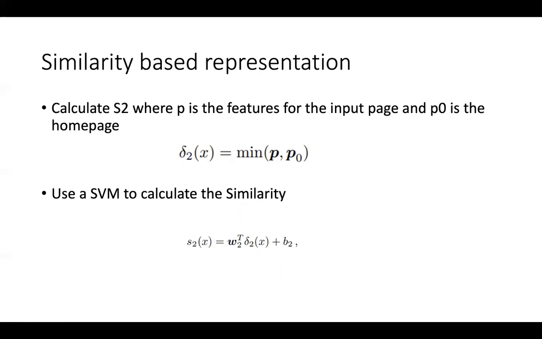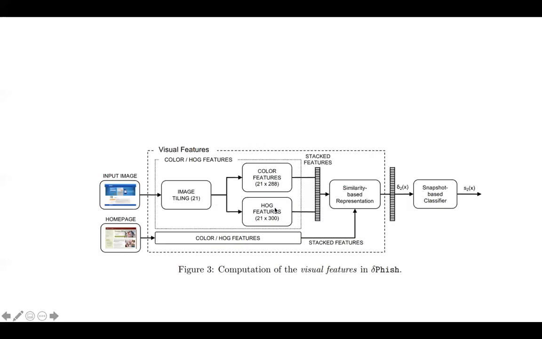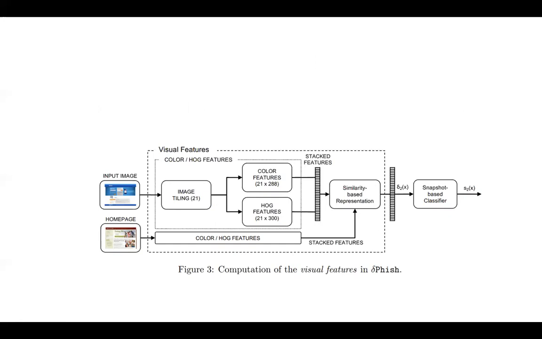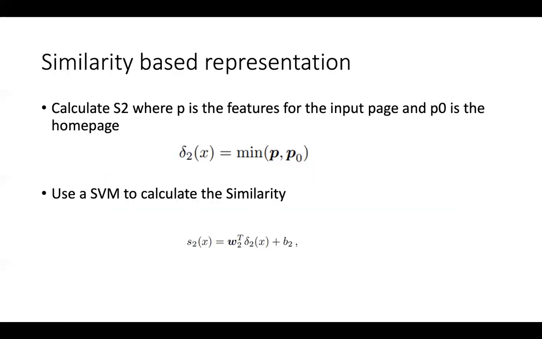So what does P represent? P is basically they stack all these, 21 times 288 and 21 times 300, right? And then they just compare. P is this 21 times 288 plus 21 times 300. P is for the input page and P0 is for the home page.